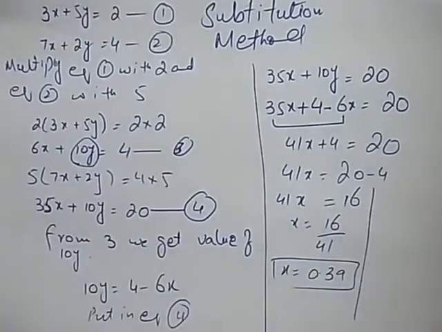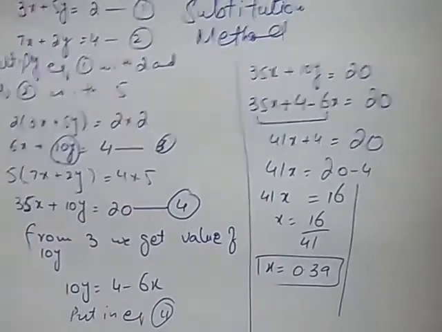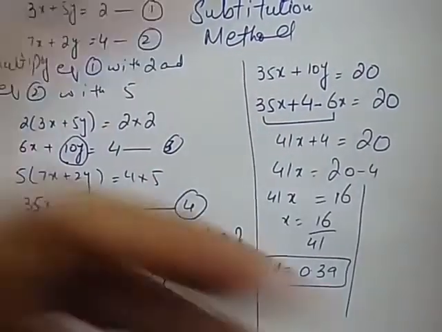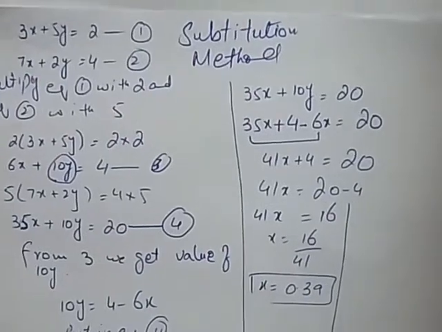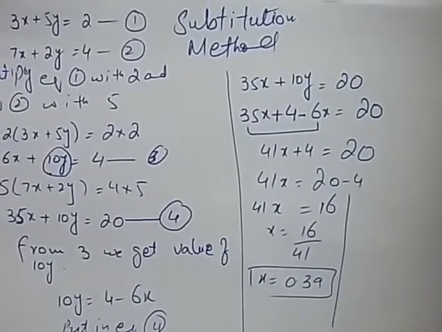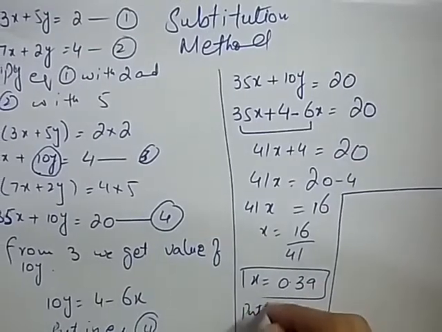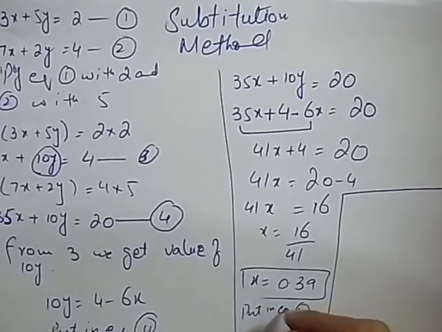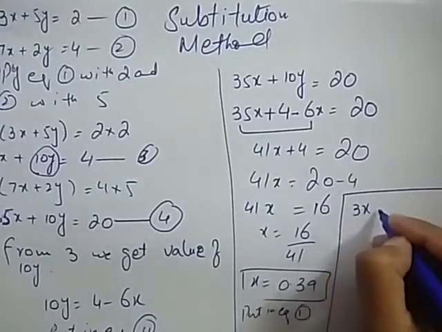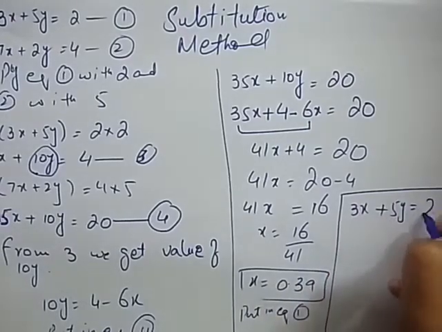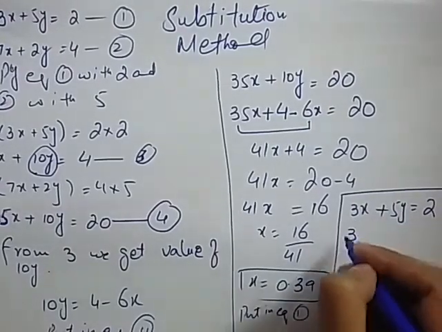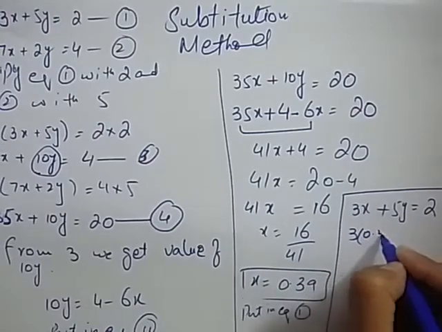So let's put it in equation number 1. You can decide in which equation you want to put it. I am going to put it in equation number 1. First of all I am going to write equation number 1. At the place of x I have to put 0.39.